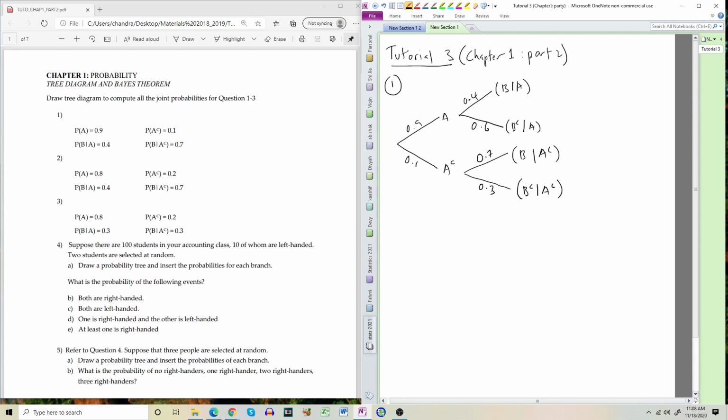And for us to compute the joint probability, what is the probability of B and A? Joint probability means we are going to find all the joint probabilities. First of all, what is the formula for this? This is the formula, so the joint probability is this one.